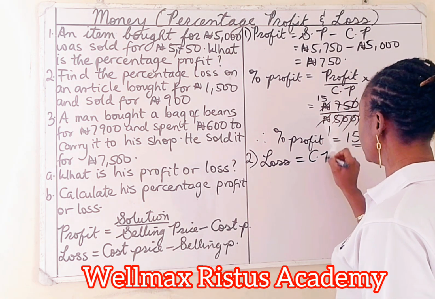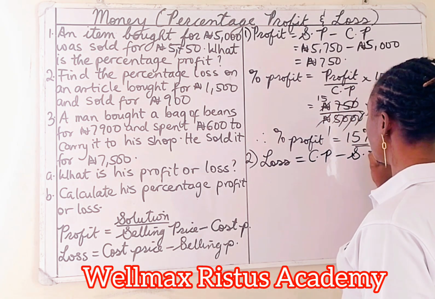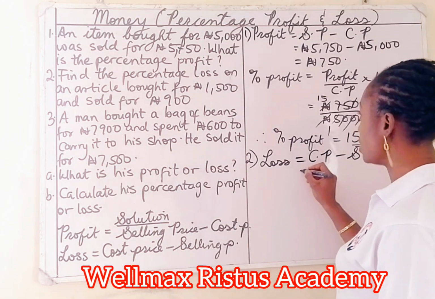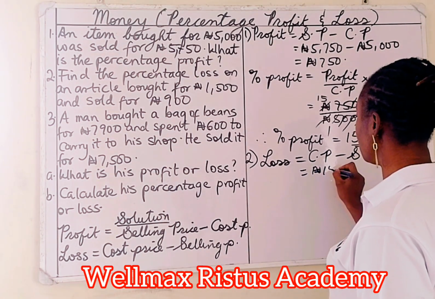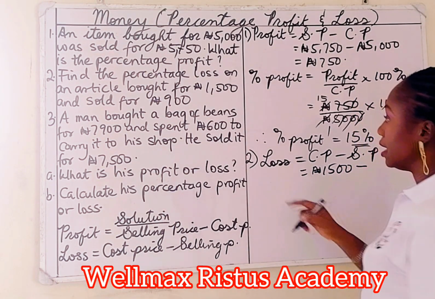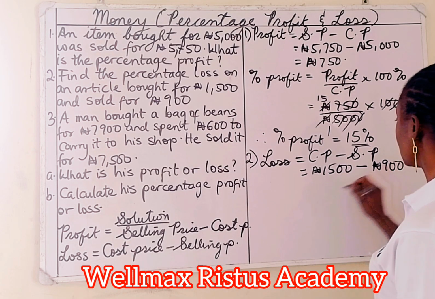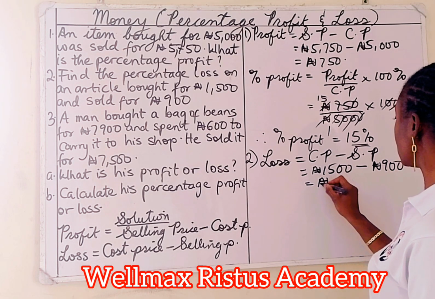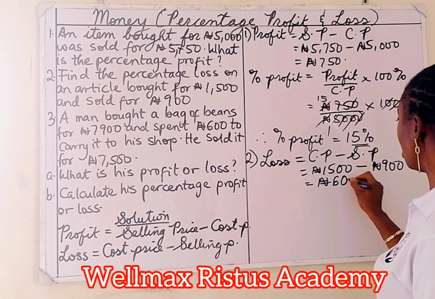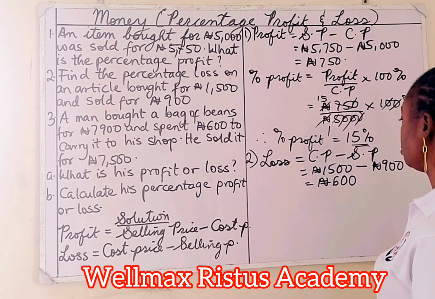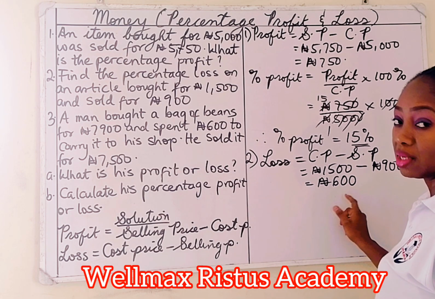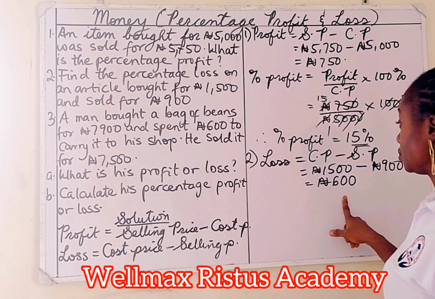Loss equals cost price minus selling price. Cost price equals what? 1,500 naira. And the selling price is 900 naira. And this gives us a total of what? 600 naira. This is the loss. He made a loss of 600 naira.